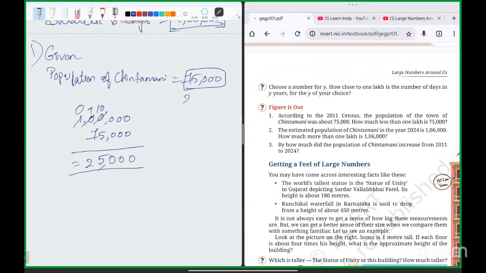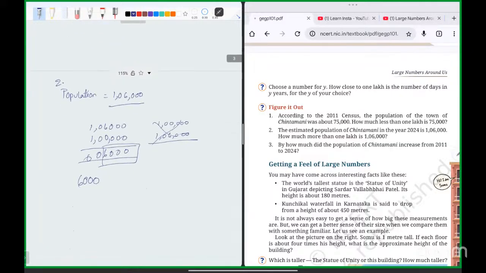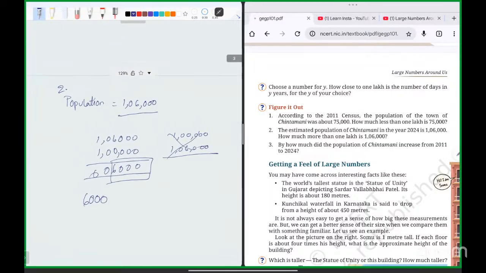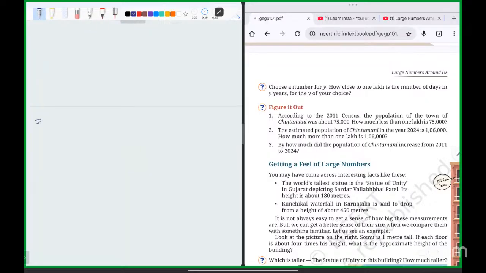This is in the year 2011, which we need to connect to the third question. So we must also know the population of Chintamani in 2024, which is in the second question: 1 lakh 6,000. So the third question asks how much the population has increased from 2011 to 2024.